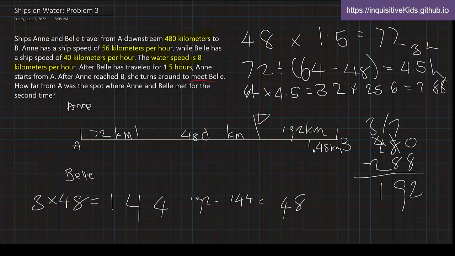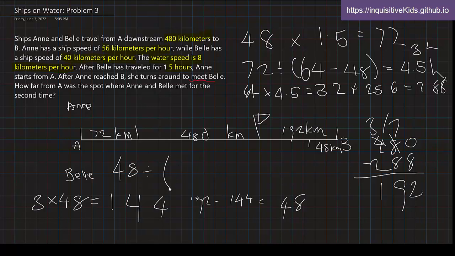And now we continue our action. Anne now is starting to turn around, and Belle is still going towards B. So now they're starting to come together. And this is the final part. So 48 divided by their sum in speeds, because they're coming together to meet.